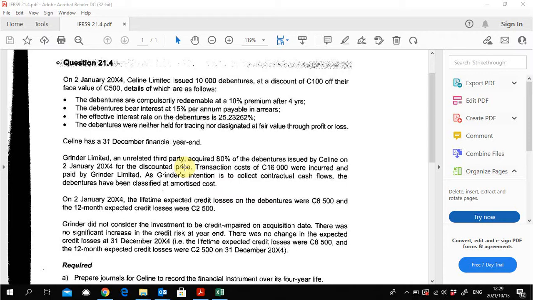If it had been a financial liability, the present value is decreased with the transaction cost. But for Grindr, it's an asset, so we add the transaction cost. And then they say it is the intention of Grindr to collect cash flows. The debentures have been classified at amortized cost. Then they continue to talk about the credit losses, which is not for your purpose.